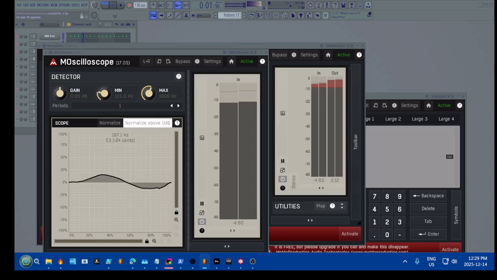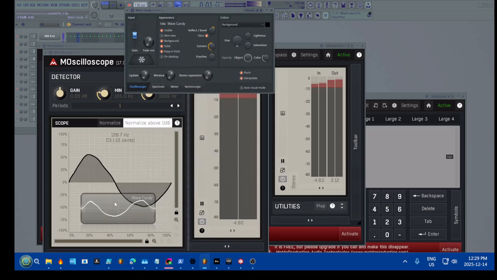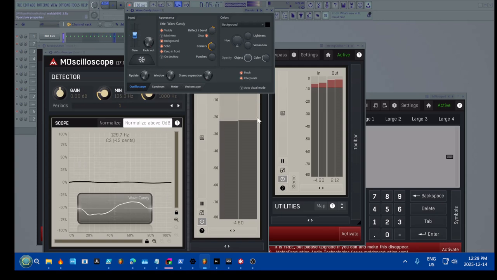But as far as oscilloscopes, FL Studio has Wave Candy, which is sort of the same idea, but it's more like a graphics engine, but it does sort of the same thing.